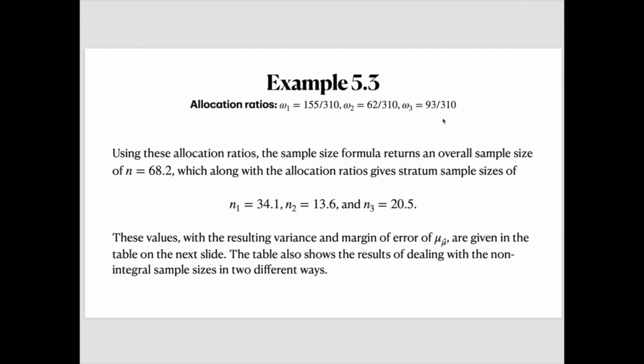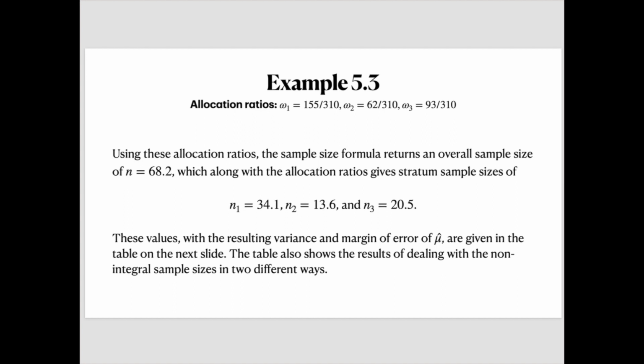Now, using these allocation ratios, the sample size formula returns an overall sample size of 68.2, and along with the allocation ratios gives stratum sample sizes of N1 equal to 34.1, N2 equal to 13.6, and N3 equal to 20.5. Now these values with the resulting variance and margin of error are given in the table on the next slide.